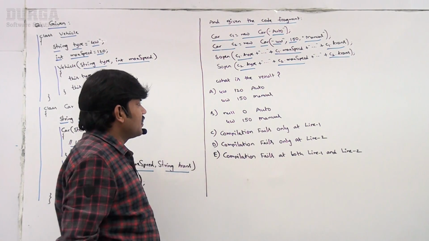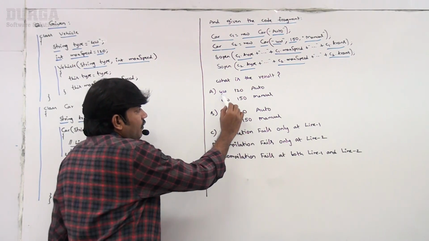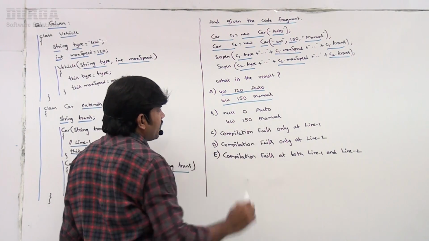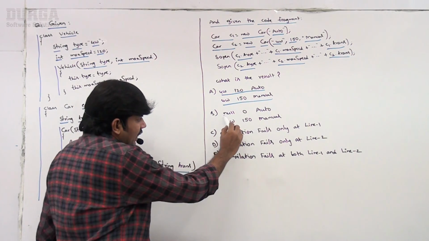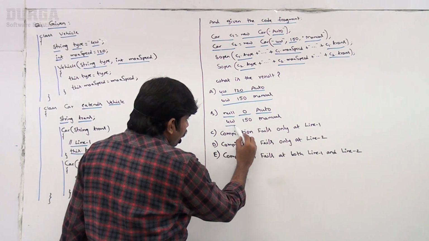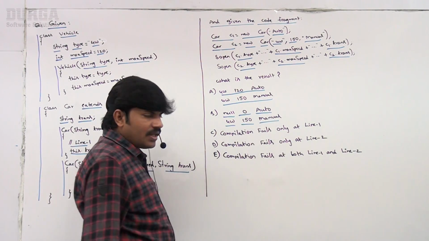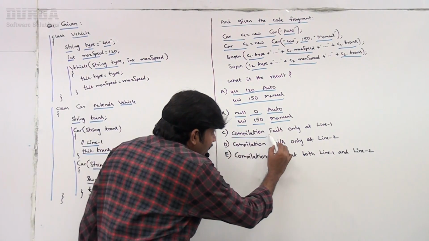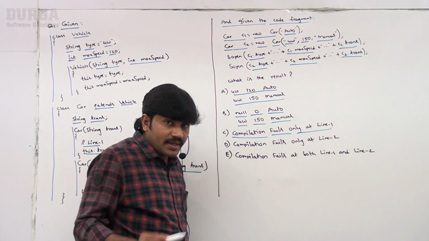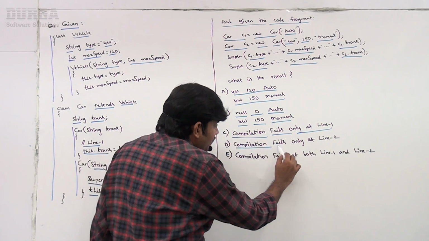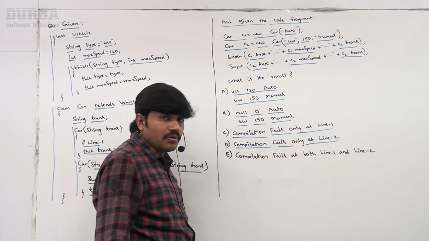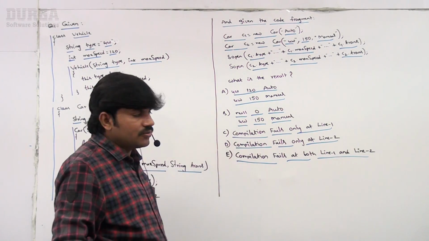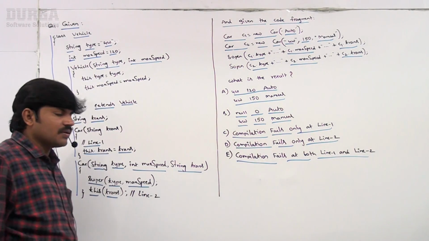What is the result? First option: 4W 120 auto, 4W 150 manual. Second option: null 0 auto, 4W 150 manual. Next: compilation fails only at line 1, compilation fails only at line 2. Next: compilation fails at both line 1 and line 2. That's all about our code.